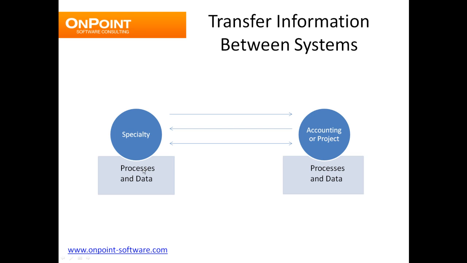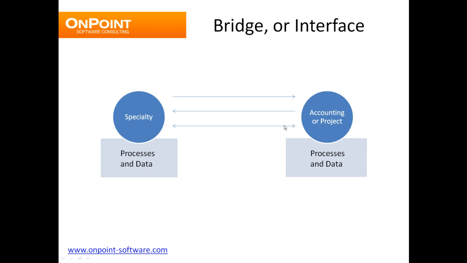However, when the processes are done and the data is created, then that data has to go back to accounting. So bidirectional. This concept of moving data back and forth is where a bridge or an interface comes in. The bridge or interface is the vehicle by which that data is moved between the programs.